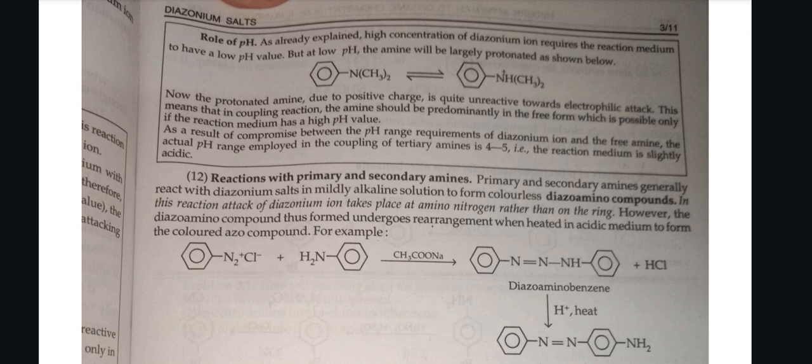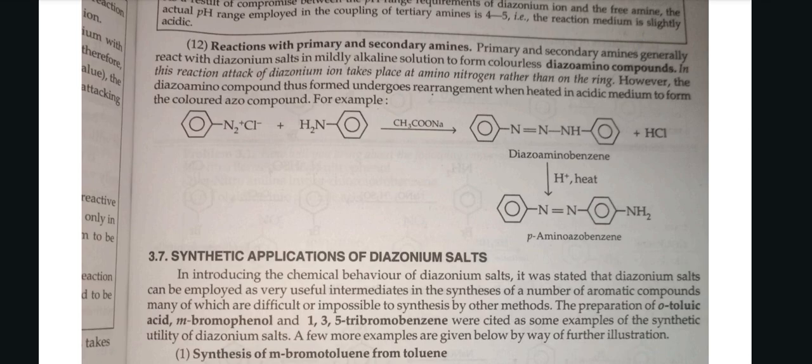However, the diazoamino compound thus formed undergoes rearrangement when heated in acidic medium to form a colored azo compound. For example, benzene diazonium chloride plus aniline in presence of CH3COO negative gives diazoaminobenzene plus HCl. Further, on reaction with H positive and heat, it gives para-aminoazobenzene.